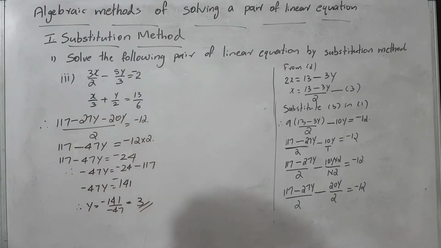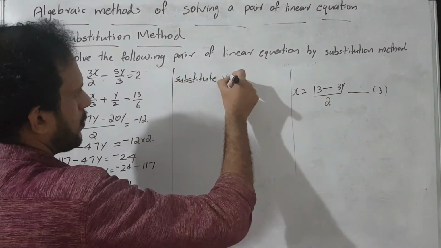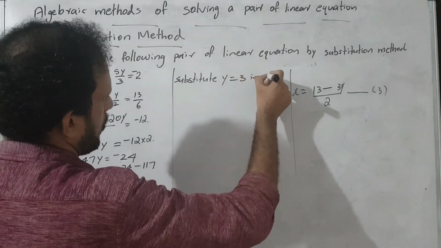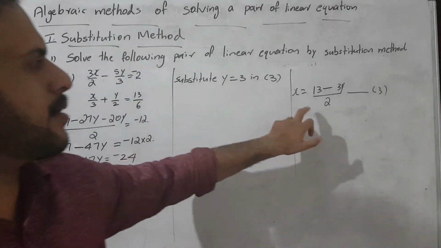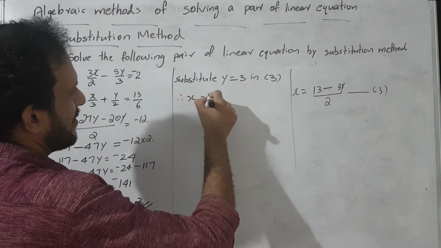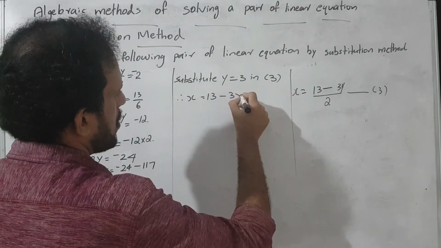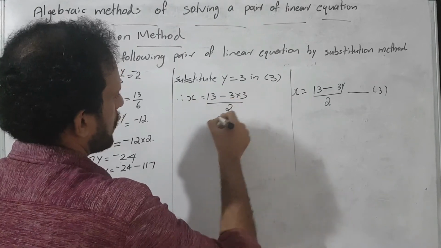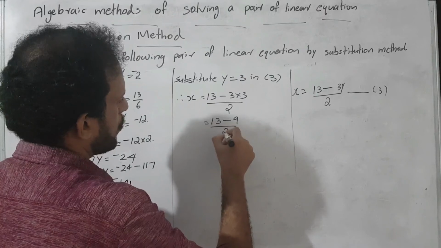So now we got the value of y. What is the value of y? Value of y is equal to 3. Substitute 3 in equation 3. Correct? Substitute the value of y in equation 3. Then what do you get? Therefore, x is equal to 13 minus 3y by 2, 3y means 3 into 3, is equal to 13 minus 9 by 2.